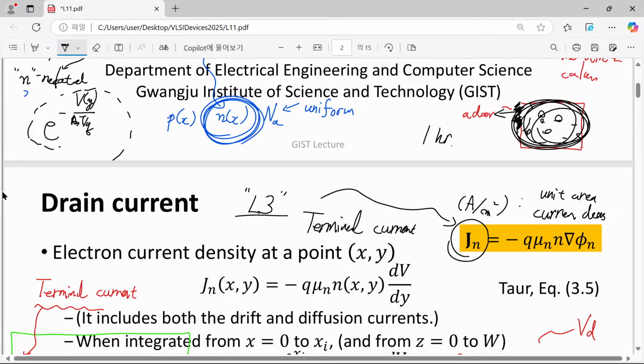Otherwise, we cannot get precise information, because that door or drain or source is not a separate object; it is connected to the entire system. So we must understand this entire system, and as a result of that analysis, we can understand how many students are escaping from the lecture room, or how many electrons are flowing through this drain contact.